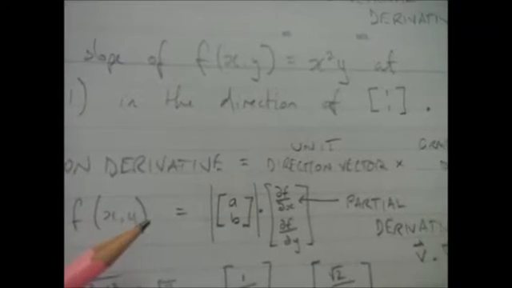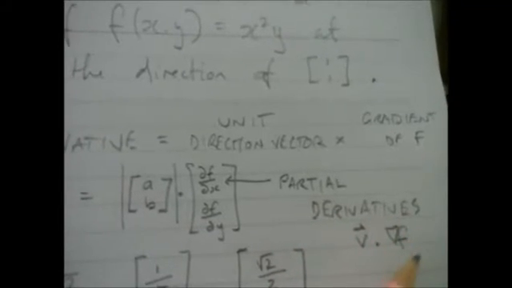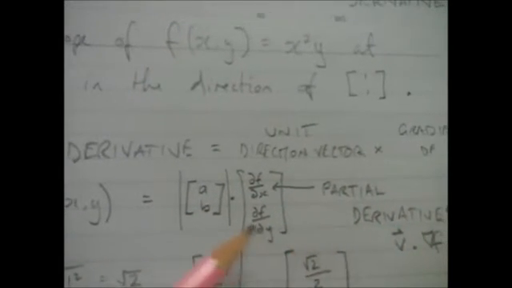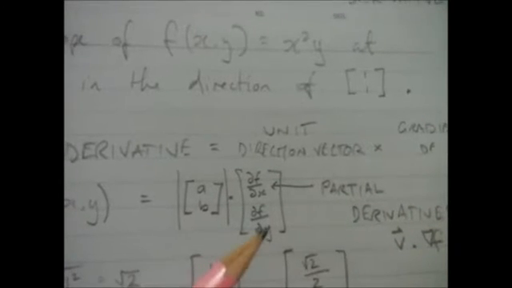Another way I can write that is my direction vector multiplied by the gradient of f. That's a shorthand way of writing it, and that equals the directional derivative. I'm not introducing partial derivatives today, so you'll have to look at that somewhere else.